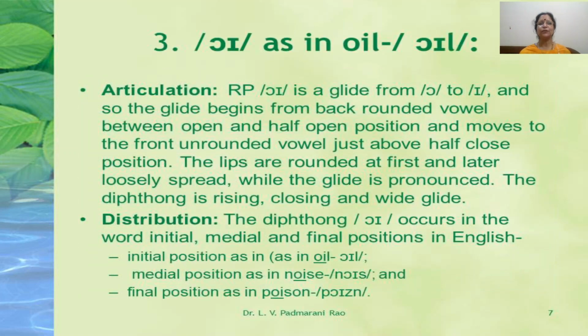The next sound that we have is O-E. The glide begins at O and ends with E, and hence the pronunciation is OI, as in oil.